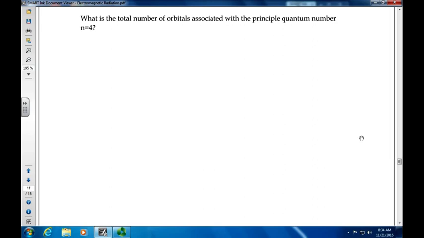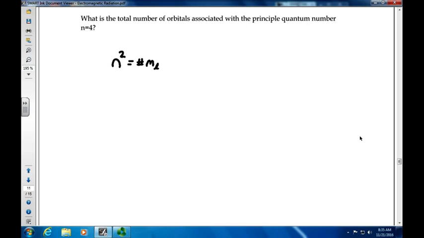We can simply use the method that n to the second power is going to equal the number of orbitals, with m sub L being our number of orbitals.